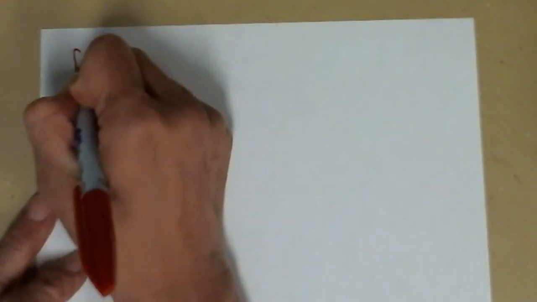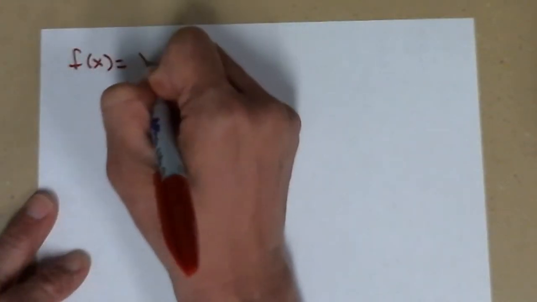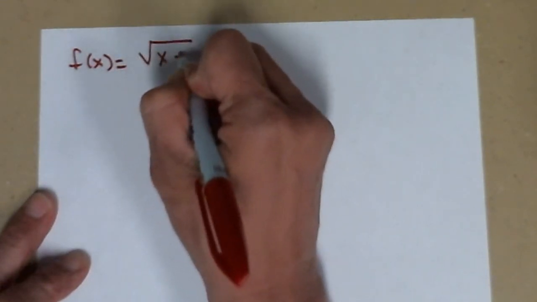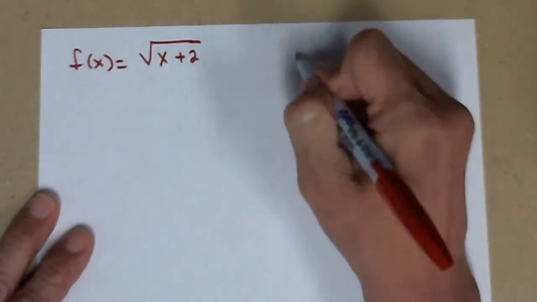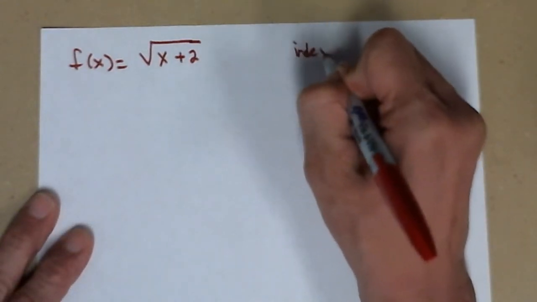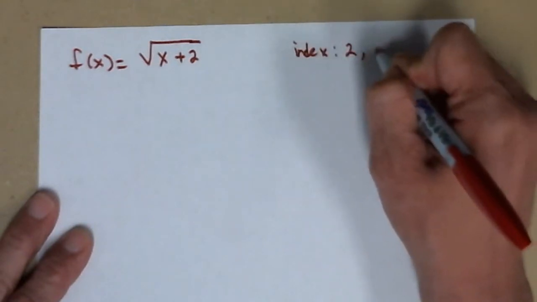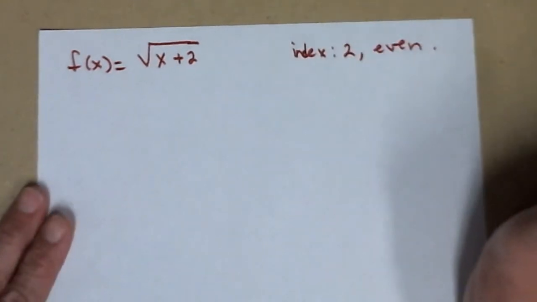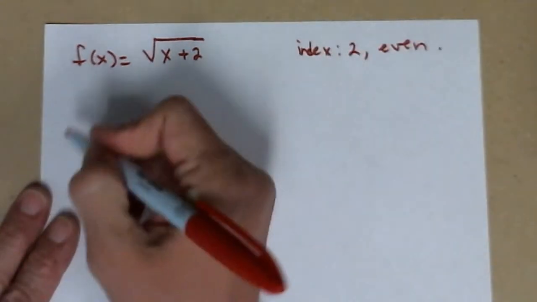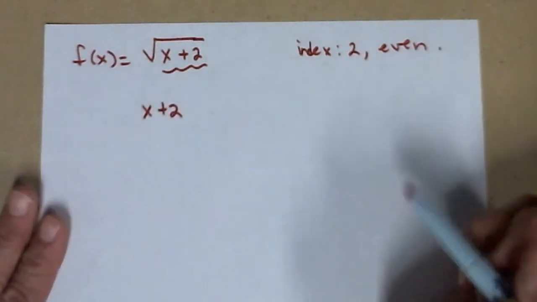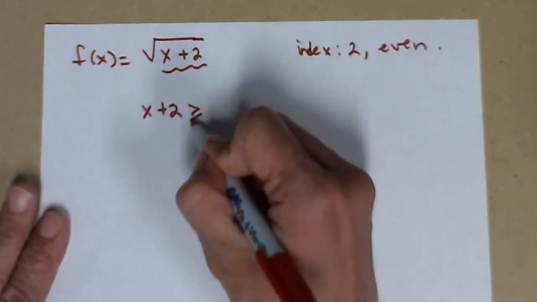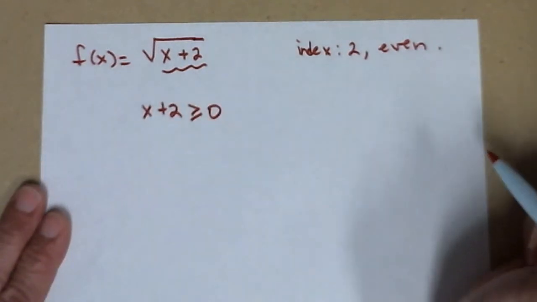So let's do just a couple of examples of determining the domain for a given function. f of x equals the square root of x plus 2. My index is 2, which is even, which means my radicand, remember who the radicand is, x plus 2, has to be greater than or equal to 0.